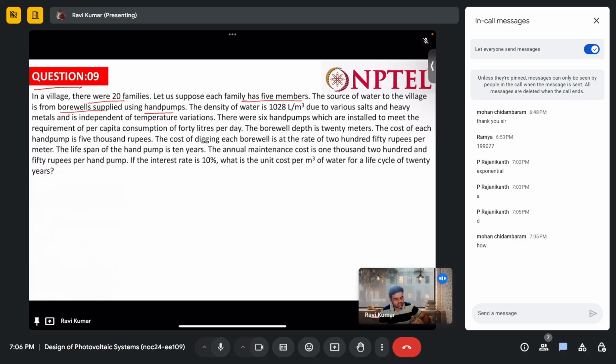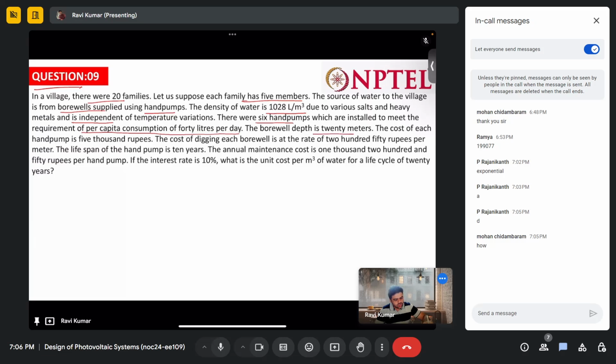So it means the source of water to the village is through the hand pumps only. The density of water is given 1028 kg per meter cube due to various salts or heavy metals and is independent of temperature variations. There were 6 hand pumps installed to meet the requirement of per capita consumption of 40 liters per day. The borewell depth is 20 meters.